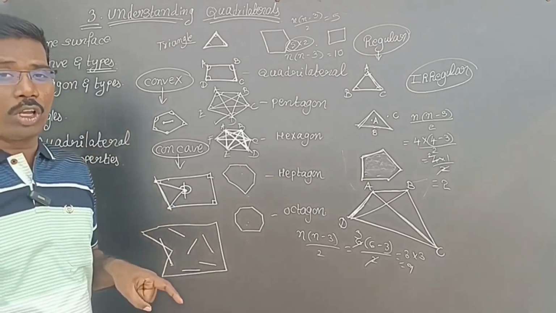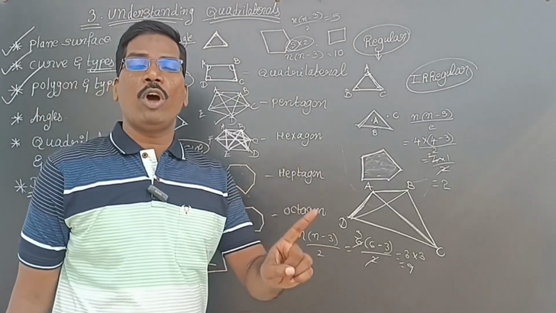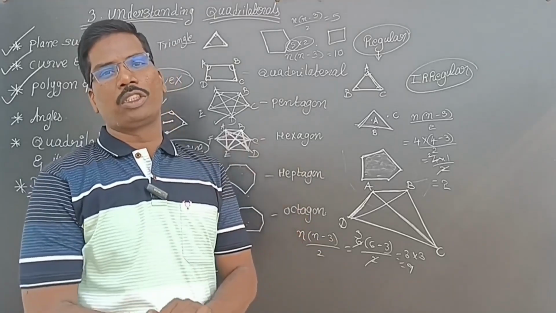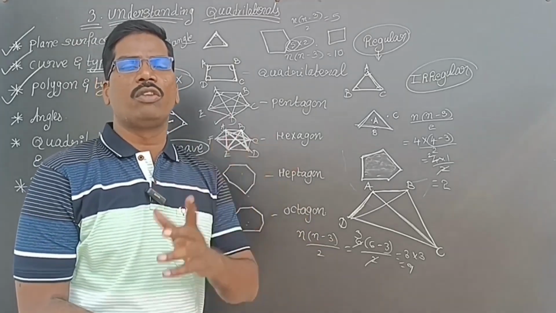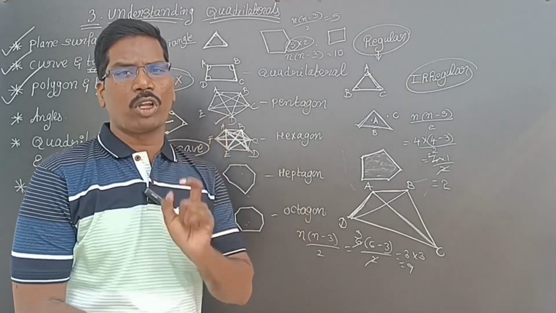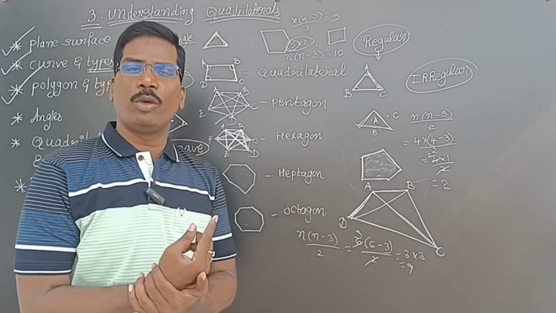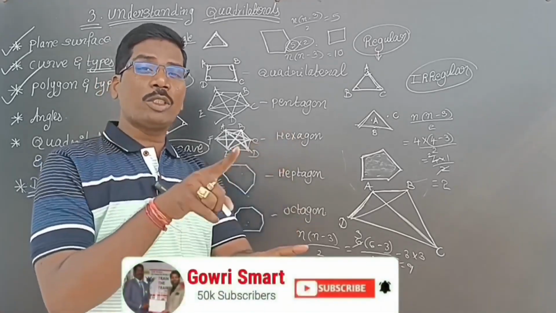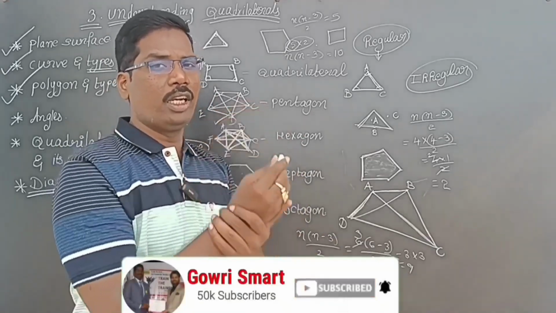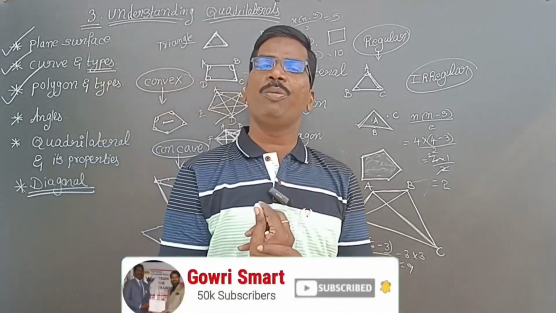So for a concave polygon, one of the diagonals will be outside, or 1 or 2 or 3, whatever it may be. For a convex polygon, all diagonals should be inside of the polygon.